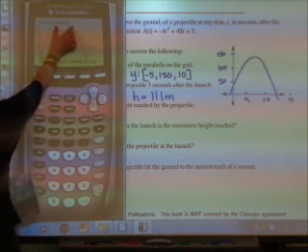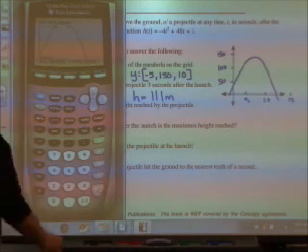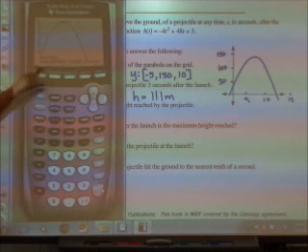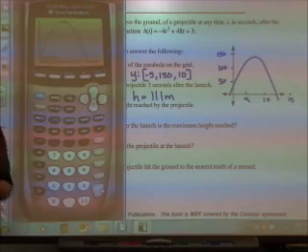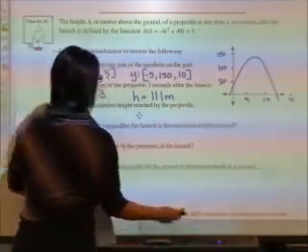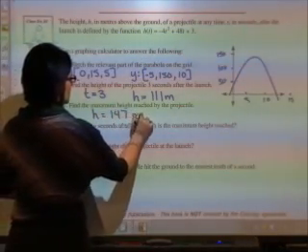Again, I look for the 2 arrows to be pointing to each other because that tells the graph where to look. I press enter one more time and I get a maximum of what? What's my y coordinate? 147. So the maximum height reached by the projectile was 147 meters.